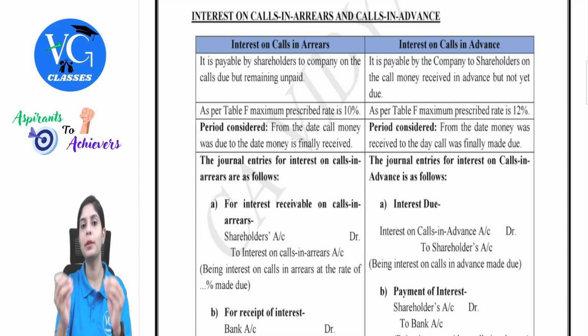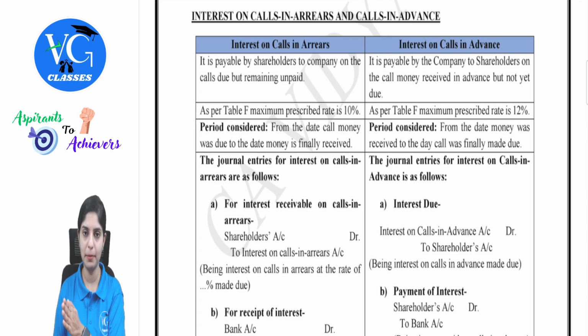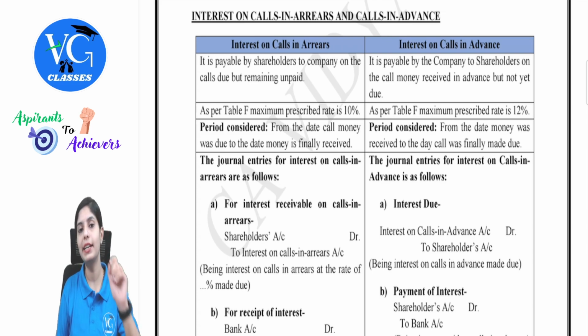Now think from the company's point of view. The company is either getting the money delayed or has already got the earlier payment. So here comes again the concept of time value of money, where the shareholder will also have interest attached. So therefore we will understand the concept of interest on calls in arrears and calls in advance.